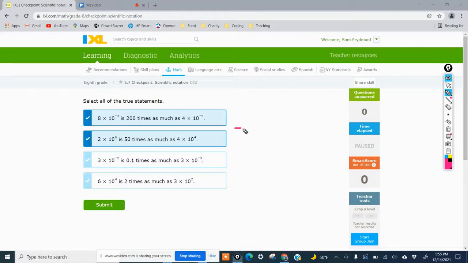What about this one? We're going to do 3 times 10 to the negative second divided by 3 times 10 to the negative third. 3 divided by 3 is 1. Then negative 2 minus negative 3 is like negative 2 plus 3, which is positive 1. So we get 1 times 10 to the first, which is just 1 times 10, which is 10.